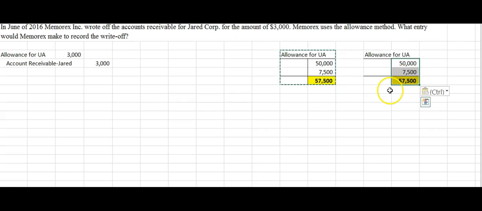So let's do this. Account receivable Jarrett, Jarrett had his account here for 3,000. But now we're not going to collect it anymore. So we're going to close his account here. Jarrett Corporation's account to 0. We don't expect collection from here. And instead of expensing it, we're simply going to take it out of our allowance.